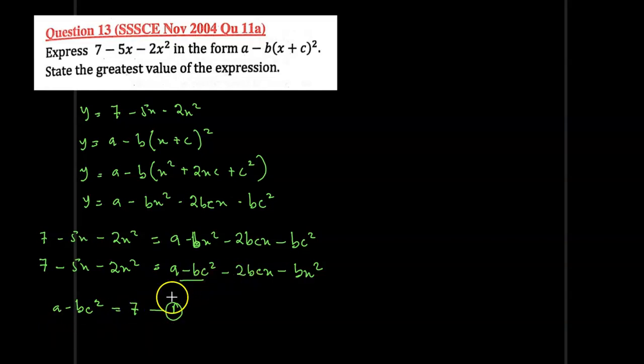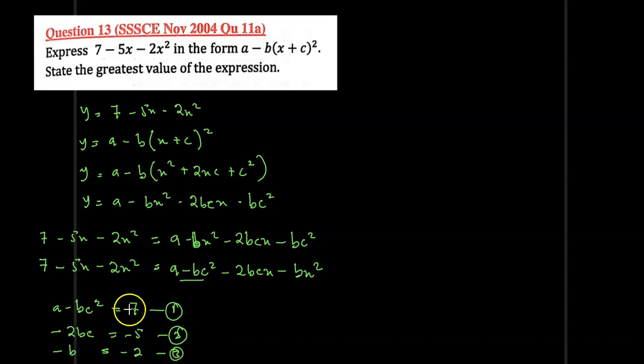Then we have minus 2bc, which is the coefficient of x, being equivalent to minus 5. That is equation 2. Finally, the coefficient of x squared, which is minus b, is equivalent to negative 2, which is equation number 3.